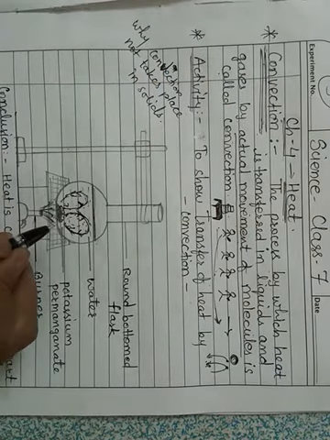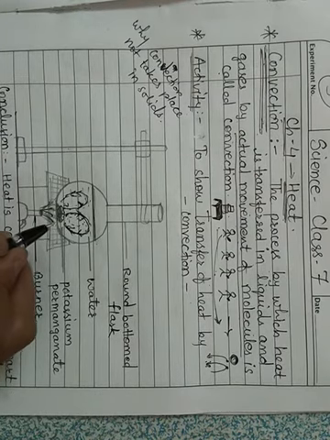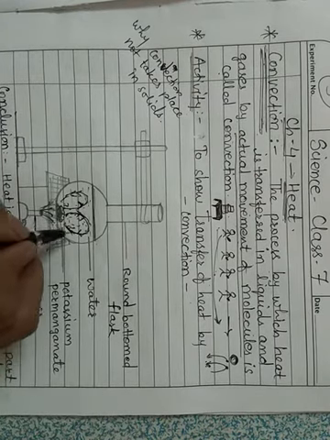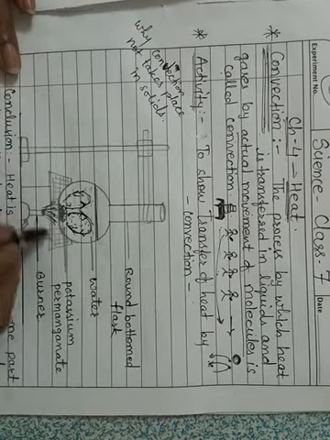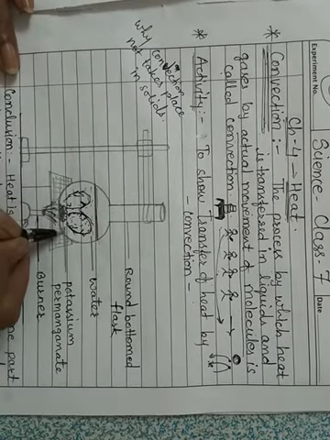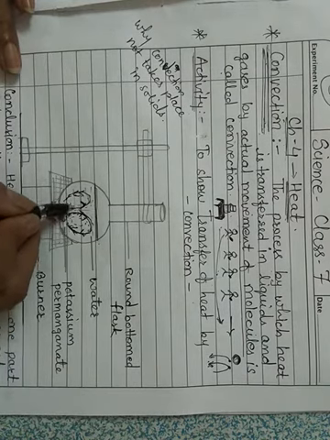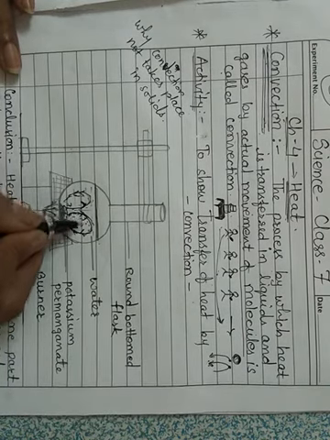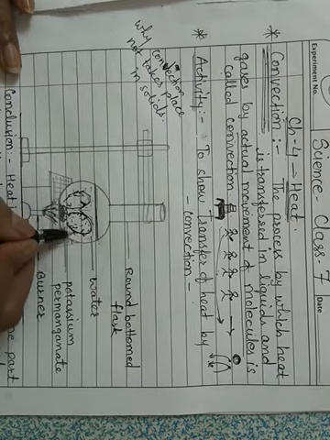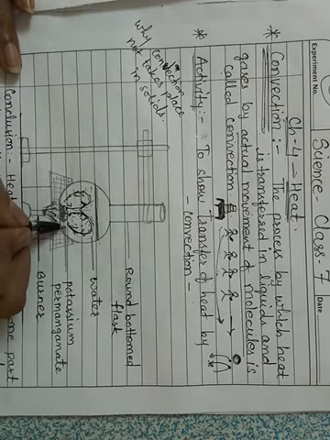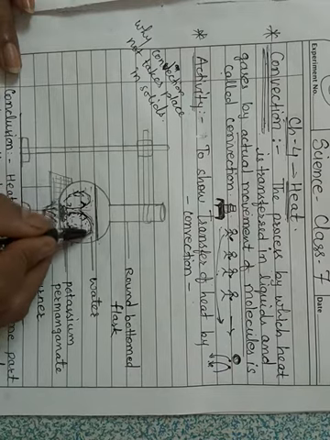Okay, what actually happens here? The water near the bottom of the flask gets heated first. Then the warm water is lighter than the surrounding cold water, so it rises up, and the colder water from the surrounding moves down, gets heated and again rises up.